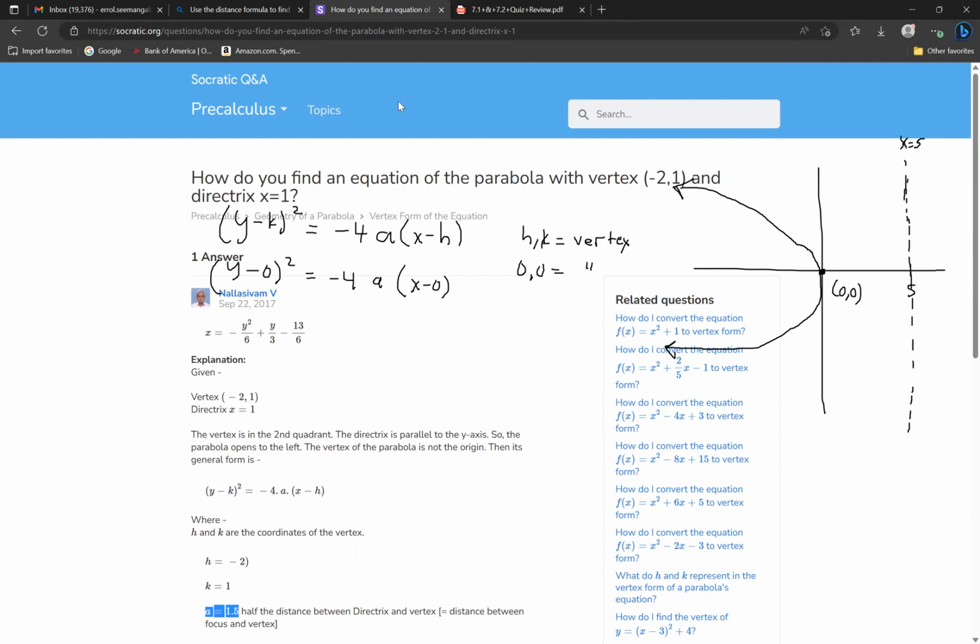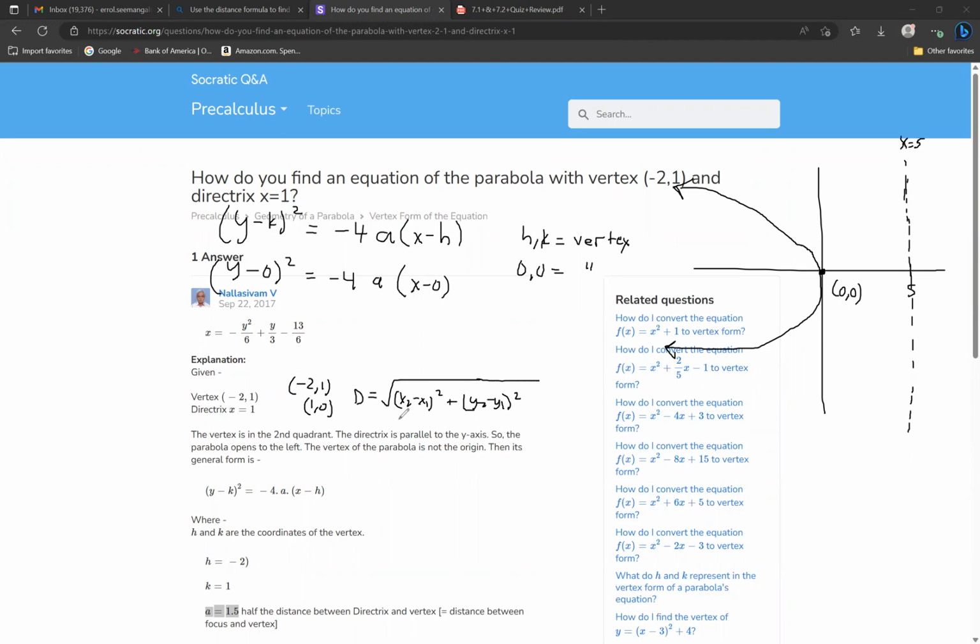X equals 1 is the same thing as the point 1 comma 0, so they're getting the distance between these two points. Let's check if that's 1.5. Distance equals the square root of x2 minus x1 squared plus y2 minus y1 squared. Does that work out to 1.5?